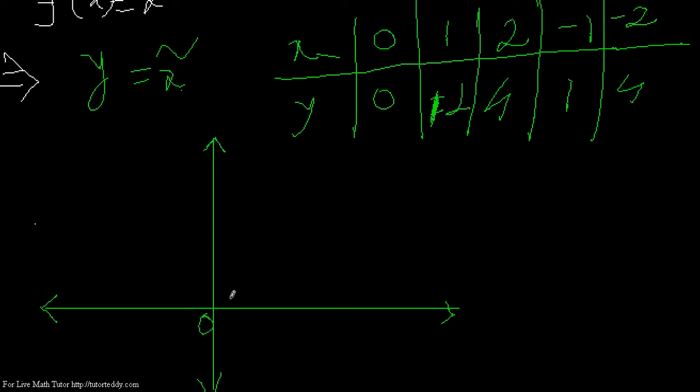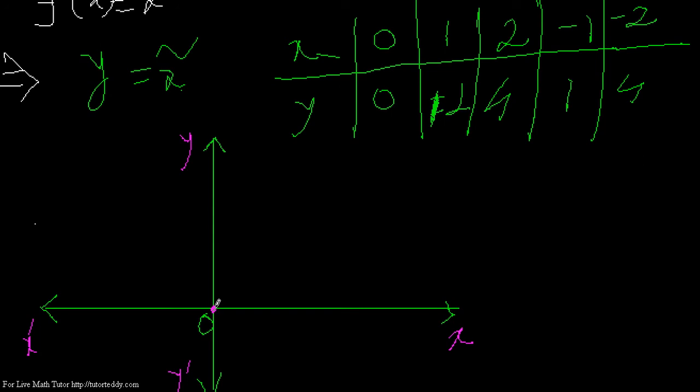This is my origin 0. Now see, for value of x equals 0, y equals 0. That means here. Before that I mark this axis as x prime. This is y prime. Okay, now when x equals 0, y equals 0.